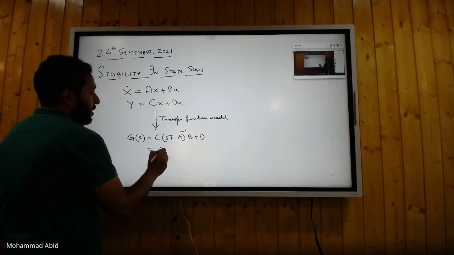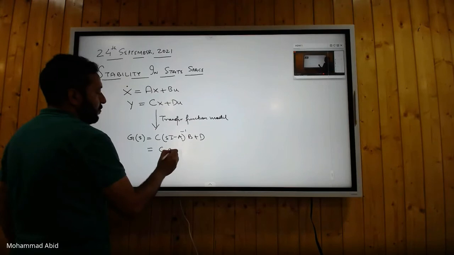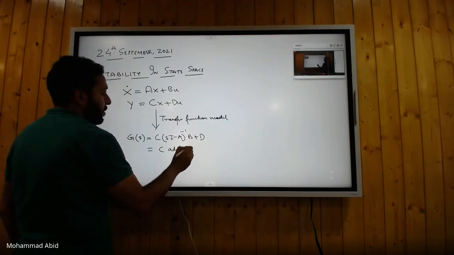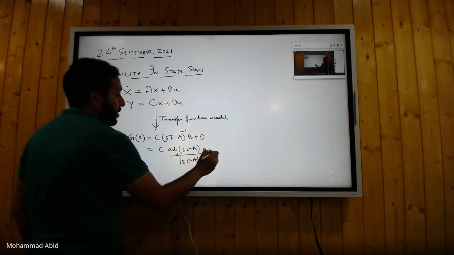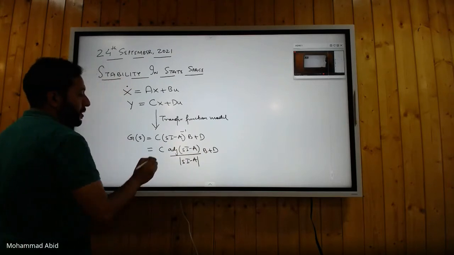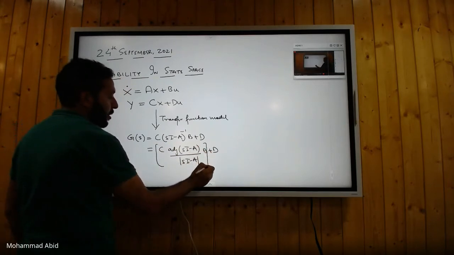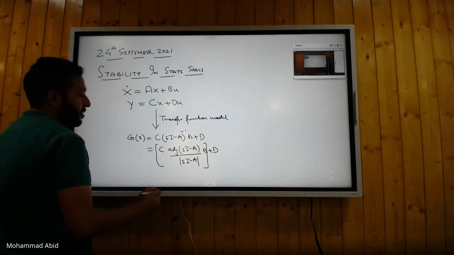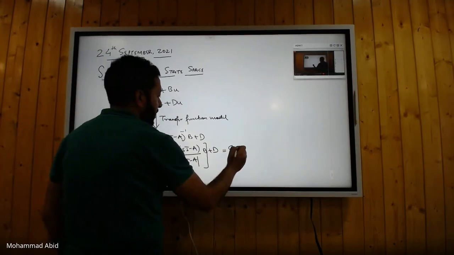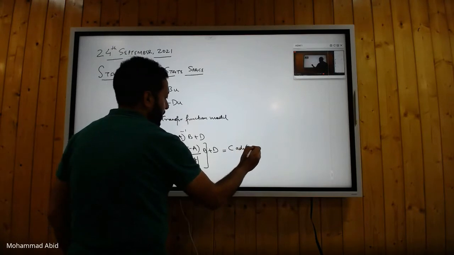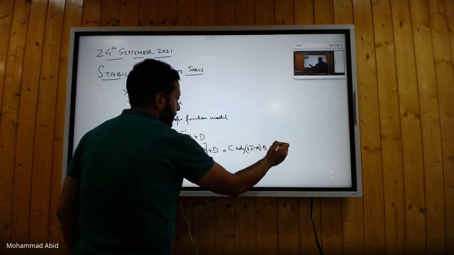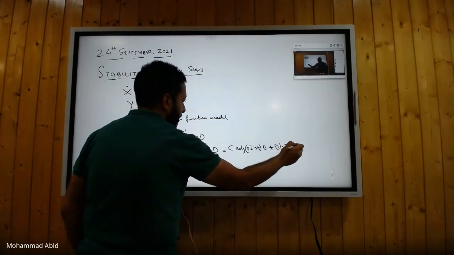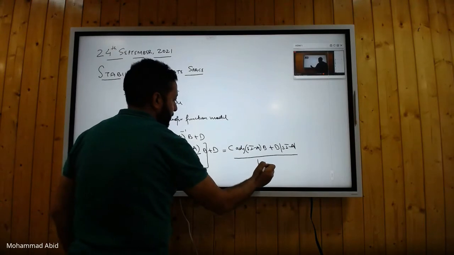So this we had written as C times the adjoint of (sI minus A) upon the determinant of (sI minus A), into B plus D, which we had written as C adjoint of (sI minus A) into B plus D determinant of (sI minus A) upon determinant of (sI minus A).